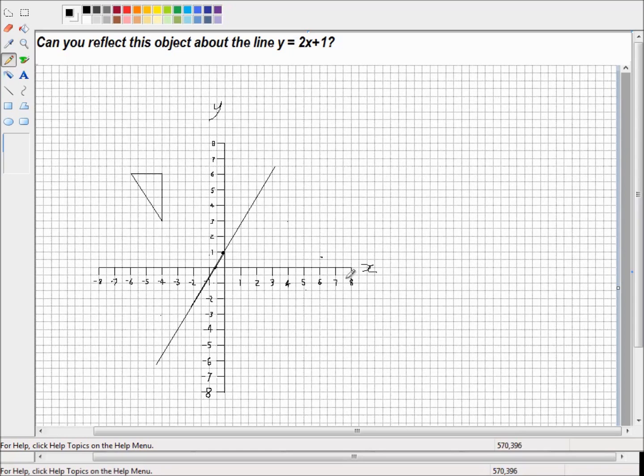It'd be somewhere around here. So our triangle would look something like this. Bear in mind this is only an approximate, you would get a much more accurate one with your equipment.